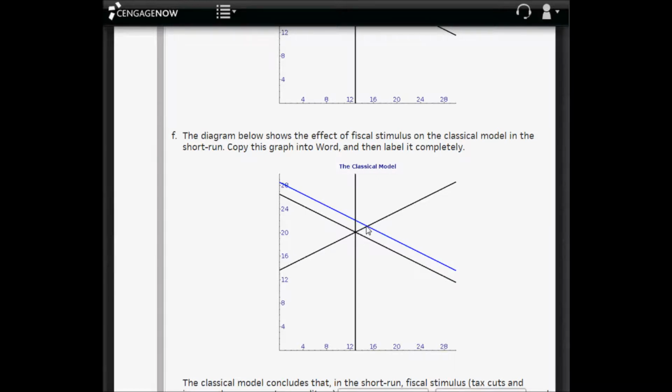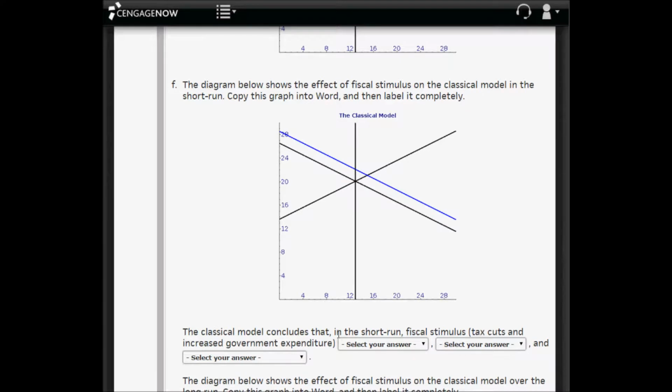And this short run equilibrium is an inflationary gap. In an inflationary gap, mainstream economists will view unemployment as being too low. What do I mean by being too low? Well, the unemployment rate is less than the natural rate at this point.